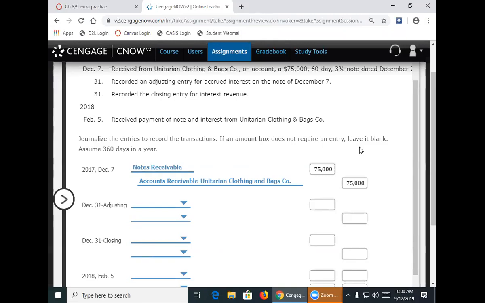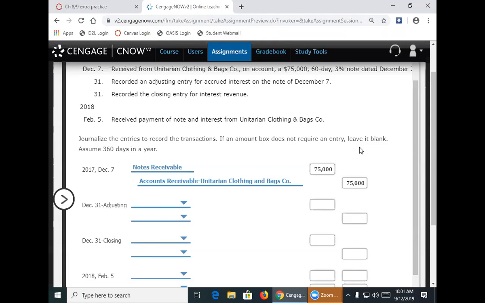So how much interest had accrued just from the 7th through the 31st? $150. Very good, $150. So that's how much interest I need to record in the current 2017 year.